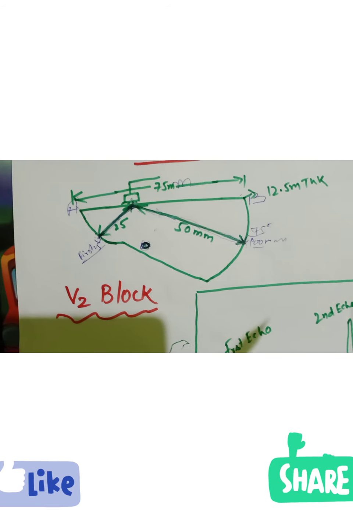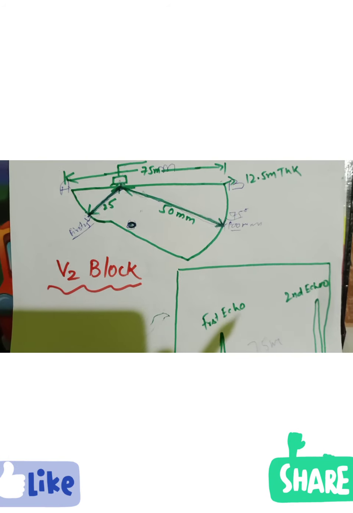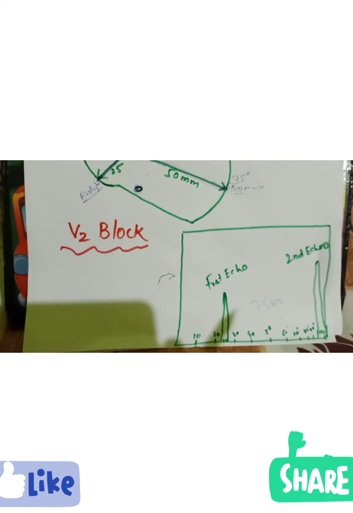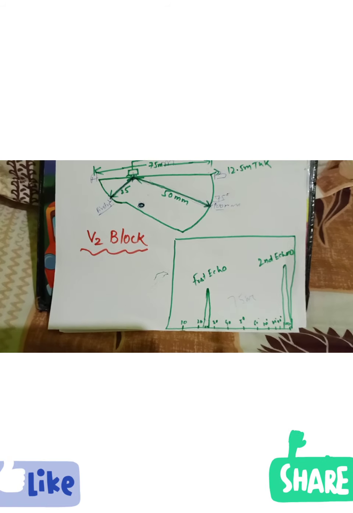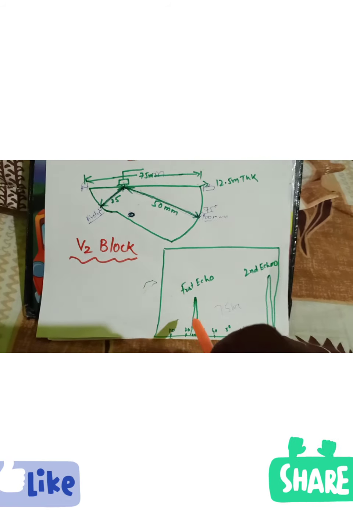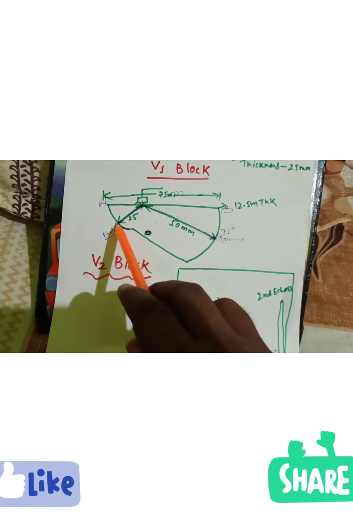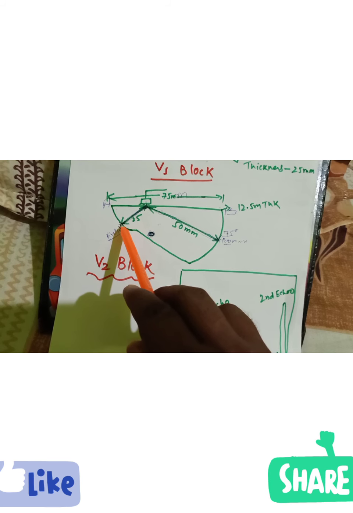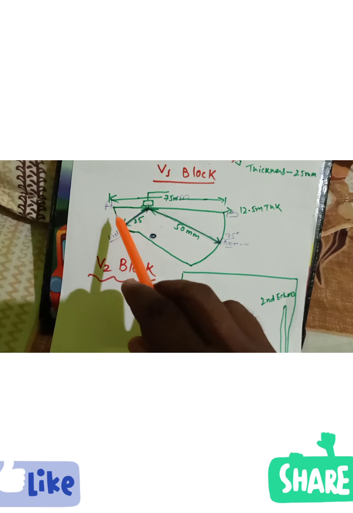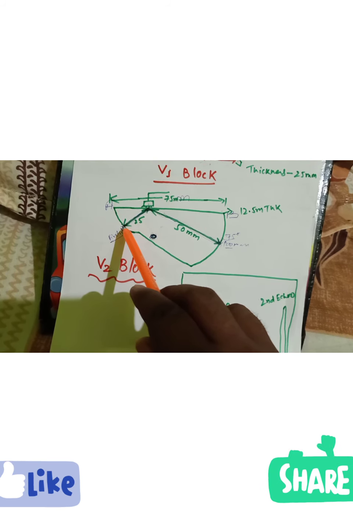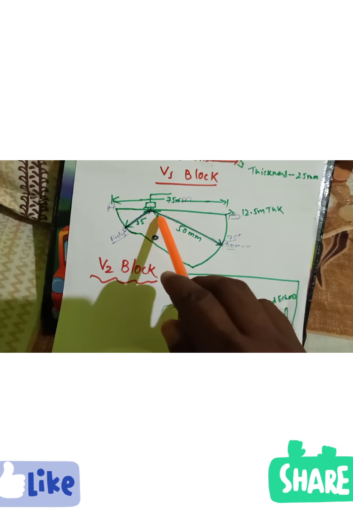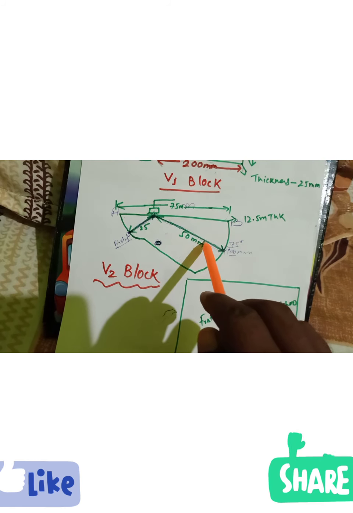So how does the echo come when you calibrate the V2 block? You see, when the sound wave travels, it collides at 25 mm. So the first echo comes at 25, and then it goes 25 back and 50 forward.